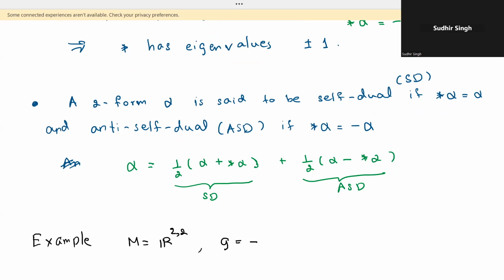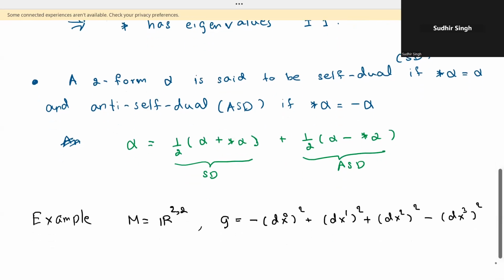So g is, let me set this. And the orientation is specified by this volume form.